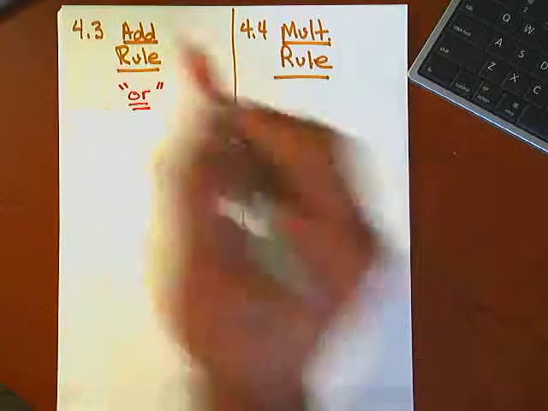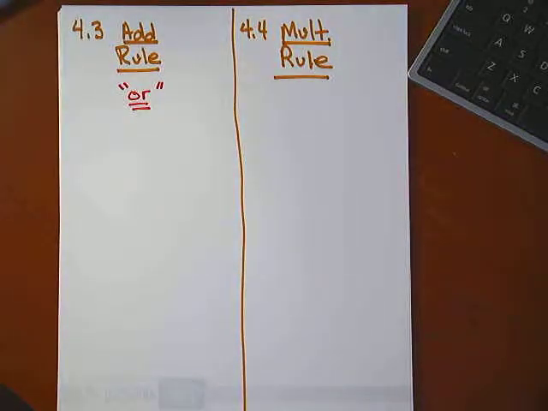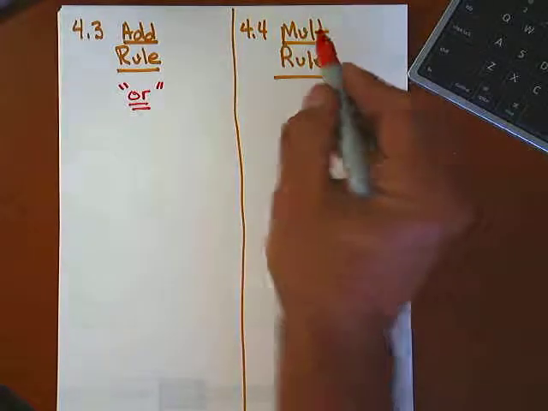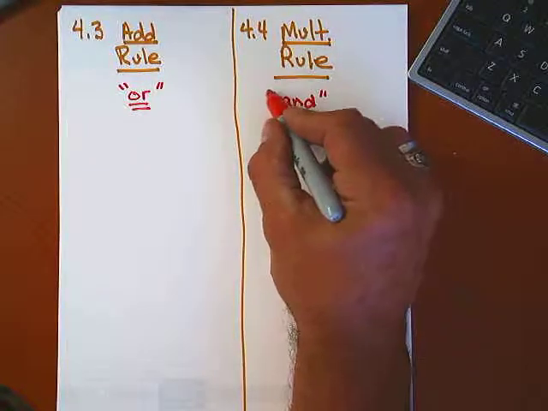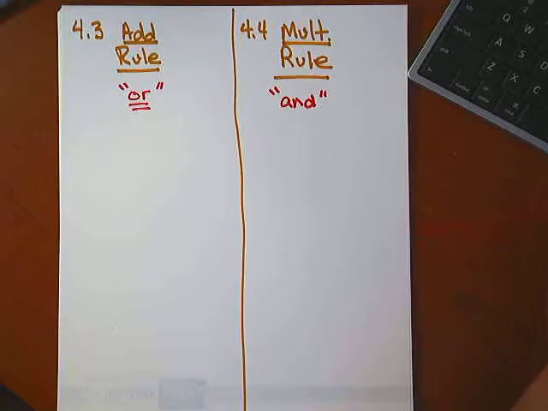When you see the word or, that usually is an indicator that you're going to use the additive rule. The multiplicative rule uses the word and. The probability of this and the probability of that. What is the probability of this and that? And the question will ask that.